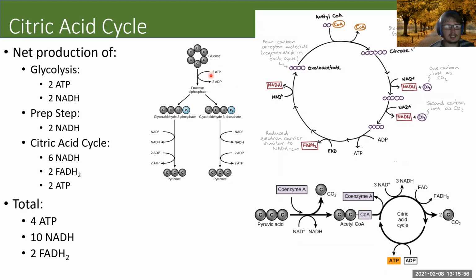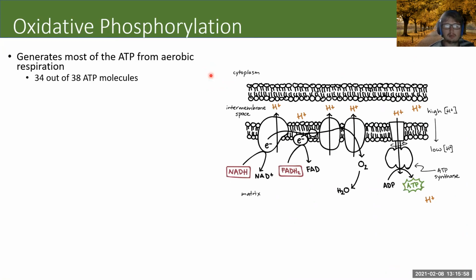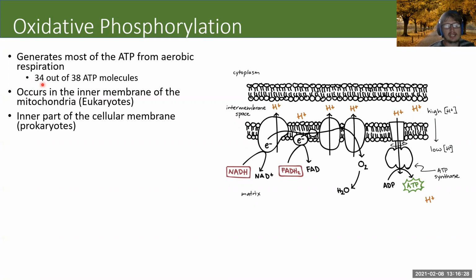Okay, and then we'll end up with a total of 38 ATP molecules being made, but some of those ATP molecules were used, so we end up with a net of about 36 to 38 molecules, depending on the efficiency of the cellular respiration step. So a real efficient cell can make around 36 ATP molecules, and most of those ATP molecules are made in this oxidative phosphorylation step.